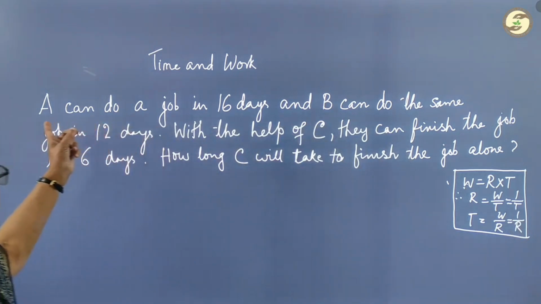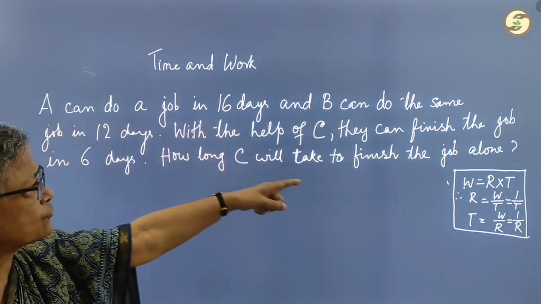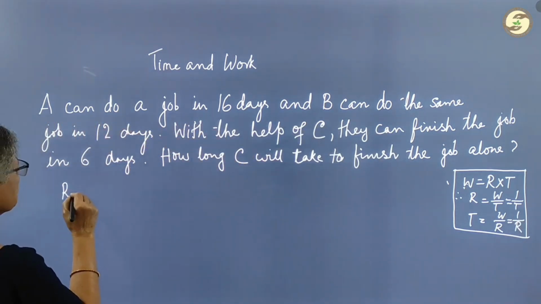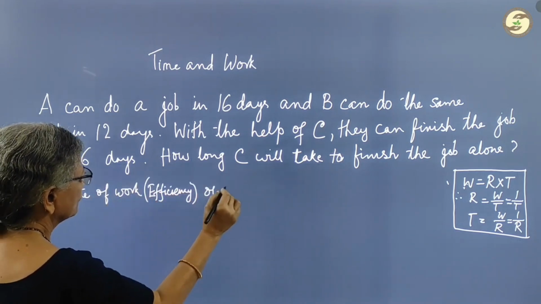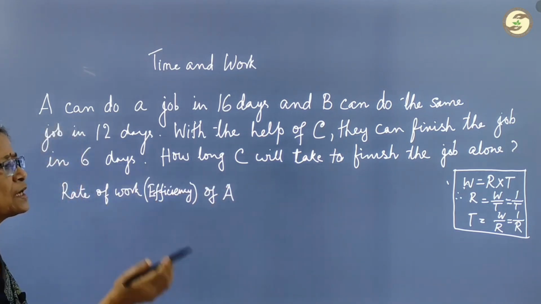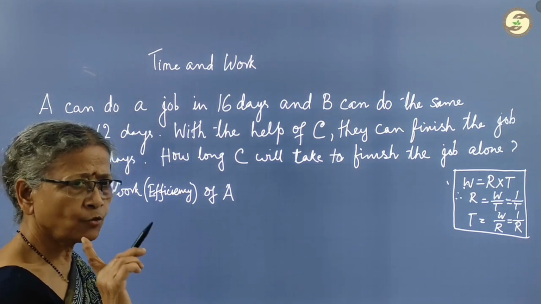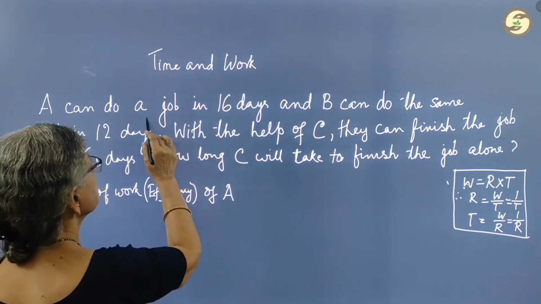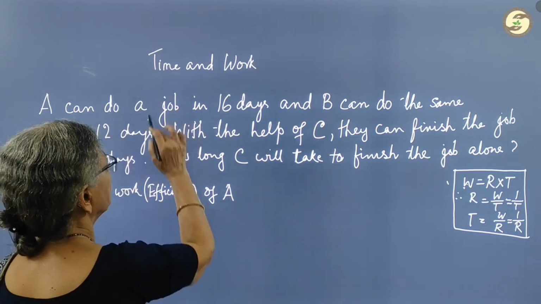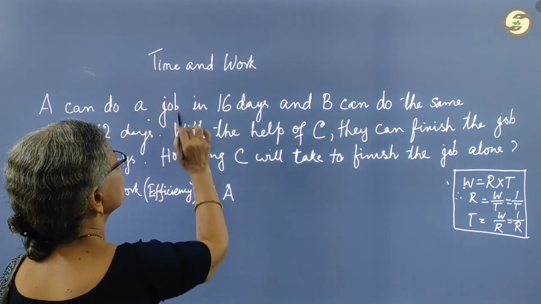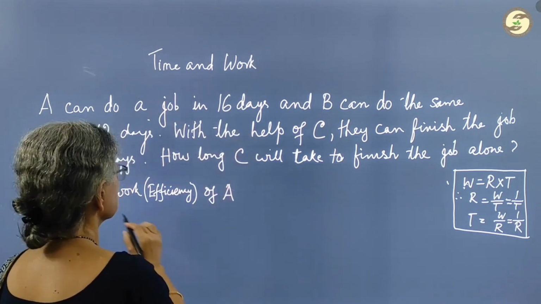Let us see. So for A, what is the rate of work? Rate of work or efficiency of A. Just to repeat, amount of work done in one day. So in 16 days, A does the whole work. A can do the job, means the whole 1 unit of job he can do in 16 days.